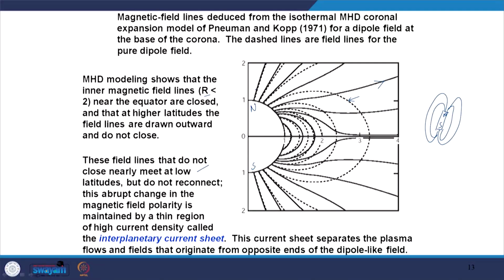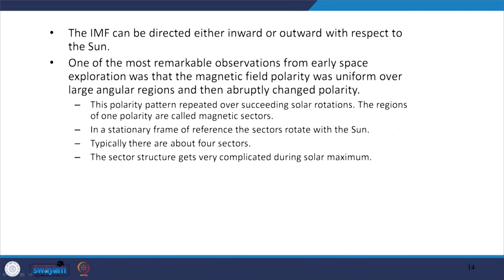So, we assume that there is a current sheet separating these two points of opposite magnetic polarity. This current sheet separates the plasma flow and field lines that originate from opposite ends of the dipole magnetic field. Okay.